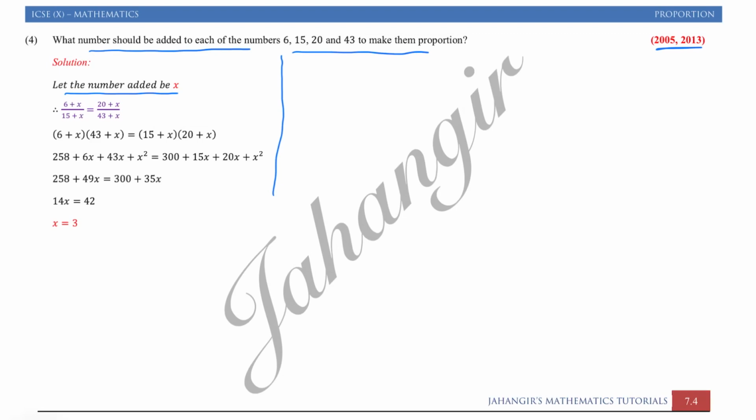So we can say let the number added be x. Therefore 6 plus x, 15 plus x, 20 plus x, and 43 plus x are in proportion.